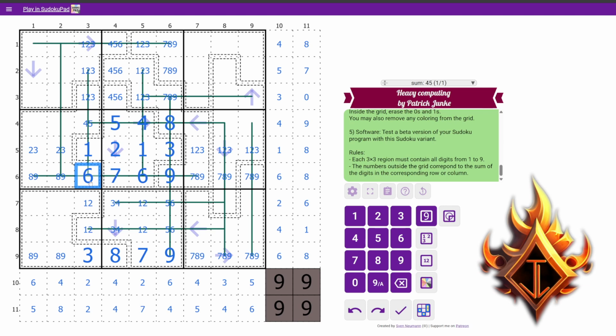I put the wrong number here, I think. Did I put the wrong number there? Why is that 6 there? Look, that is a 4, 5.